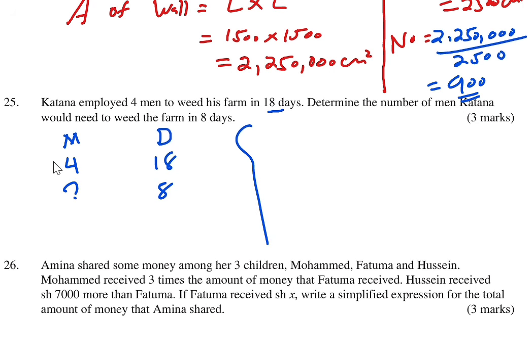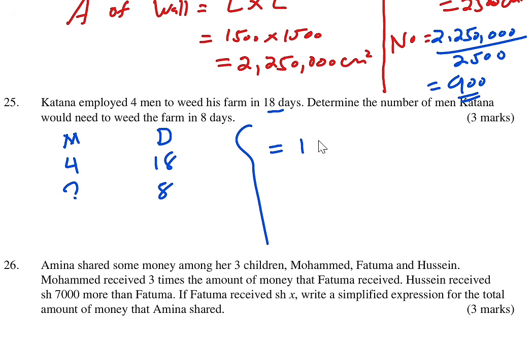So you reason this way. If 4 men take 18 days, what about now 8 days? Do we need more men or less? You can see the days have reduced, so we want many people to work in fewer days. So it will be more men. Between 18 and 8, which is more? Of course it is 18.